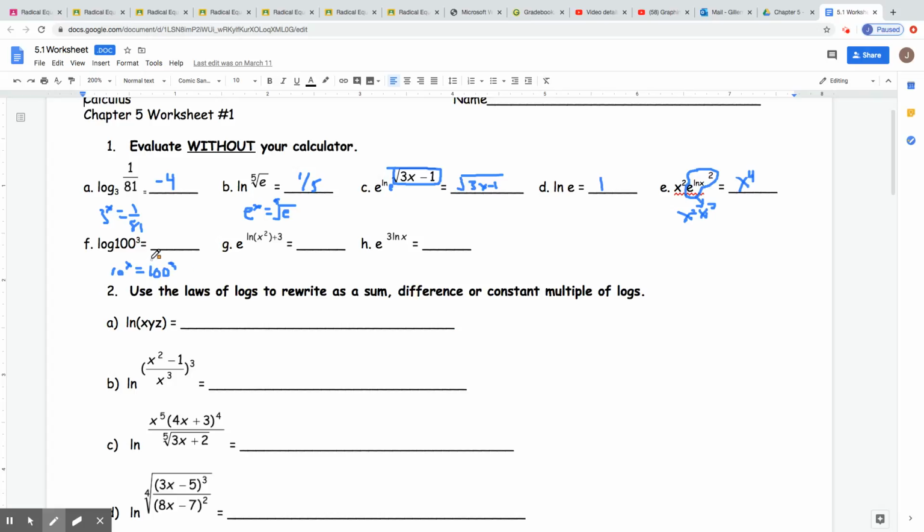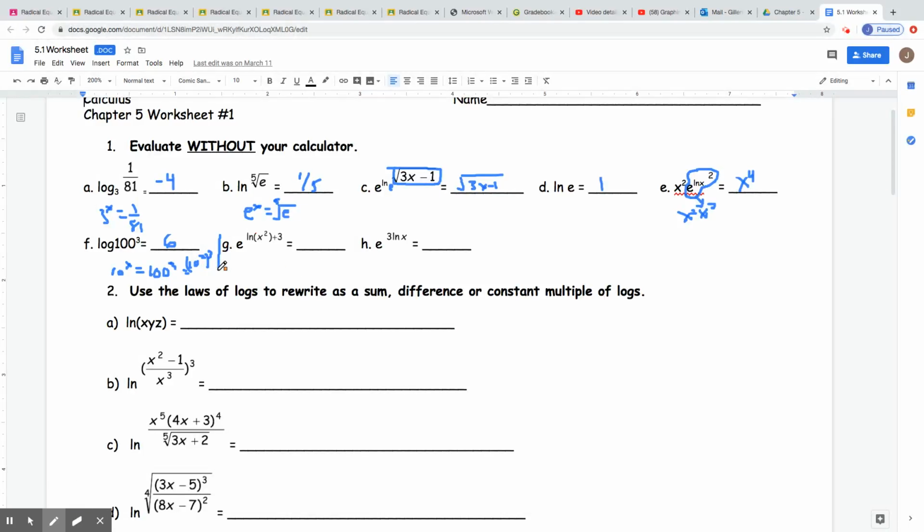If you know 100 is really 10 squared, then it's 10 squared cubed, which is the same thing as 10 to the 6th. So the answer is 6. 100 cubed is 1 and 6 zeros, so you can figure out that the 6 is what has to be there.